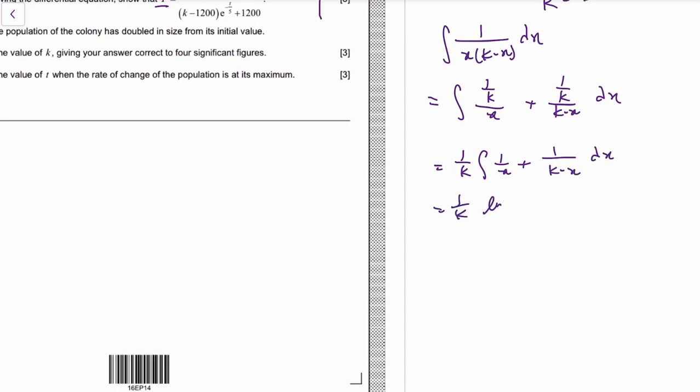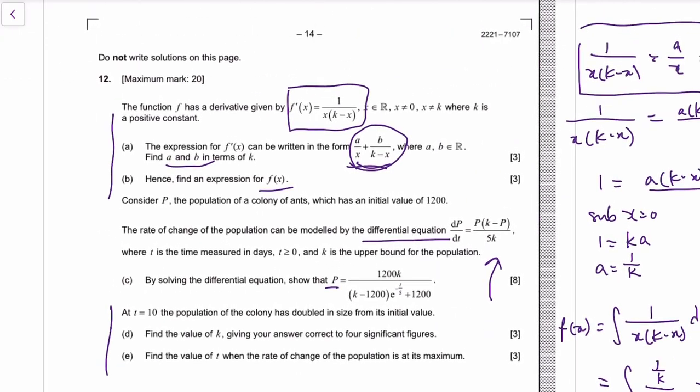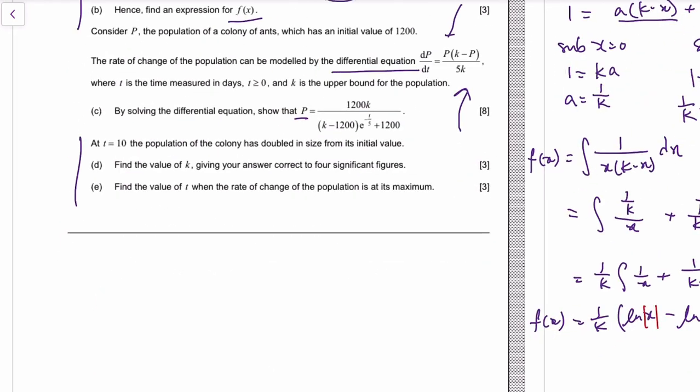So it is ln x minus ln(k minus x). It's a minus because of the negative in front of the x on the inside. Technically I should put absolute values, plus c, close the bracket, plus c. Okay, so that's f(x). Usually we find a c, but for this question they didn't give us any information. Again, it's only there to help you solve the differential equation, so that doesn't really matter.